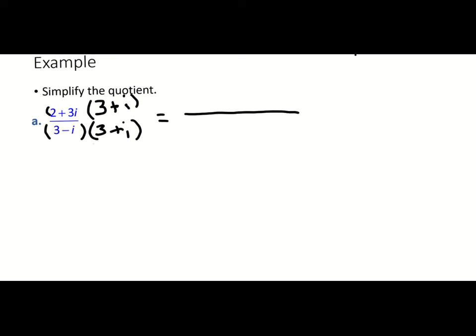Let's see here. Let's work on the top. 2 times 3 will give me 6. And then 2 times i, so it'll be plus 2i. Then we have 3i times 3, so plus 9i. And then our last terms, 3i times i, so it will be plus 3i squared.